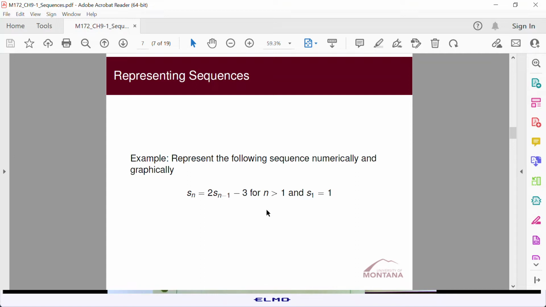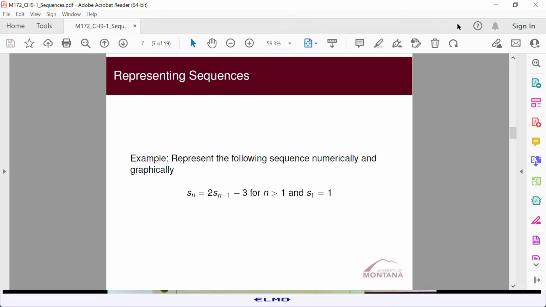We have S sub n equal to 2 S sub n minus 1 minus 3 for n greater than 1, and S1 equal to 1.